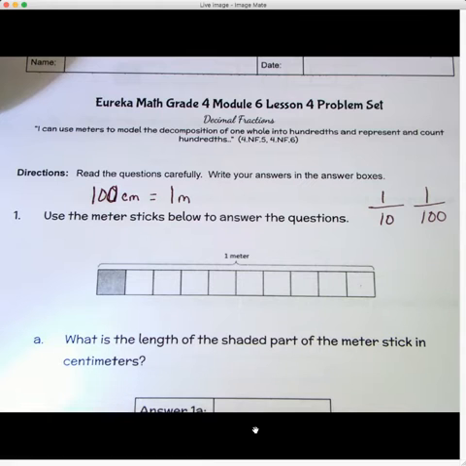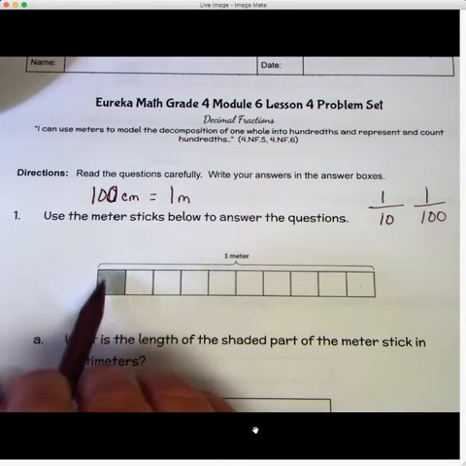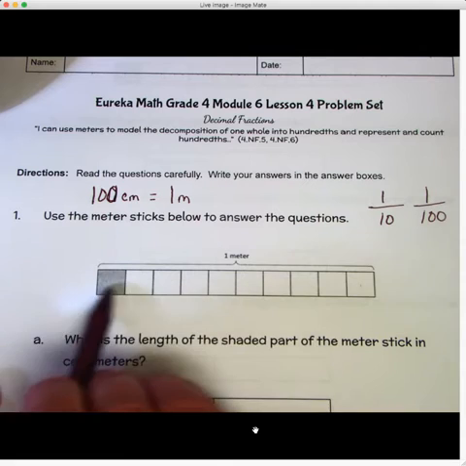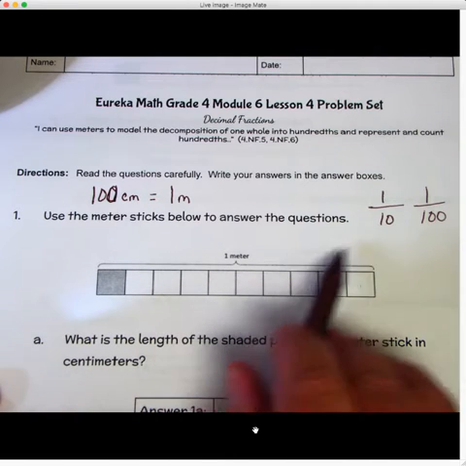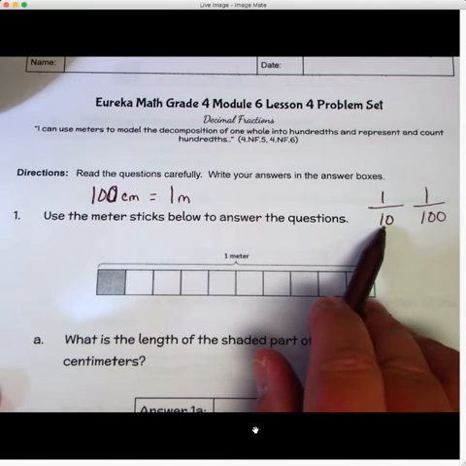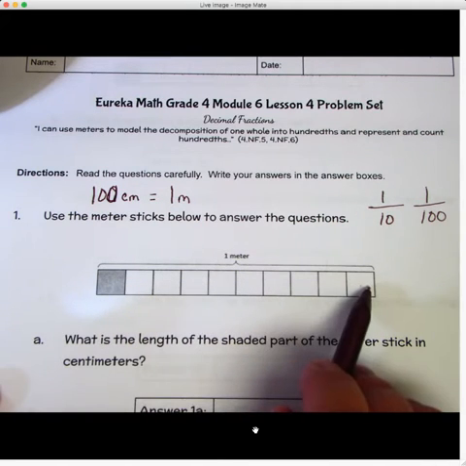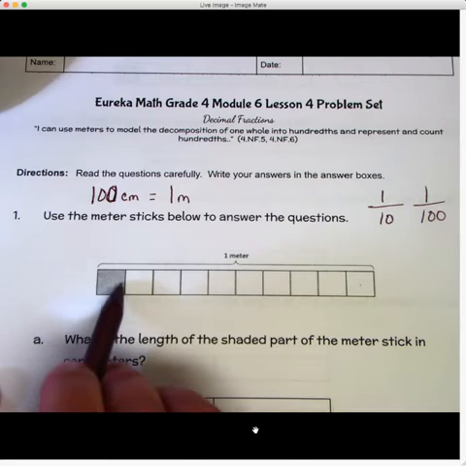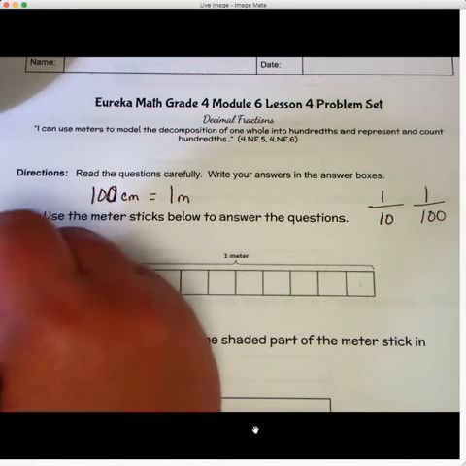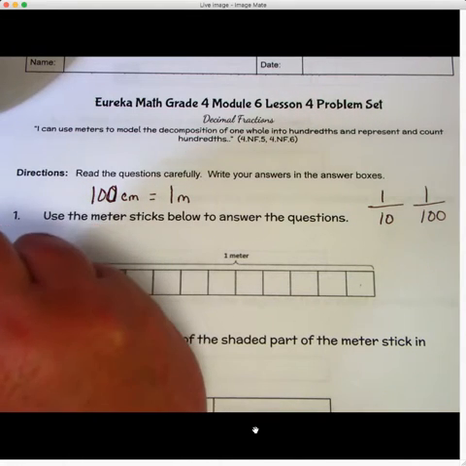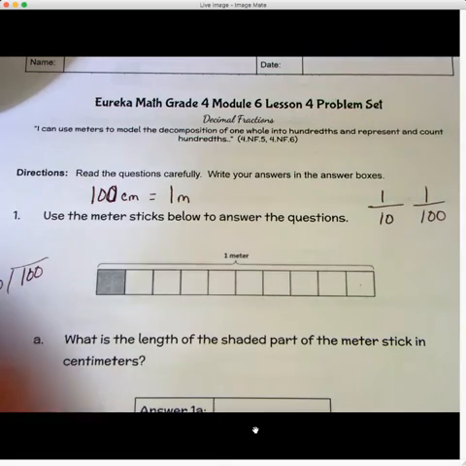And here's how I want you to think. In this meter that's divided into tenths, there's also 100 centimeters in here. And every box, which is a tenth, if we take 100 and we divide it by 10, well, what times 10 is 100? 10 times 10 is 100.